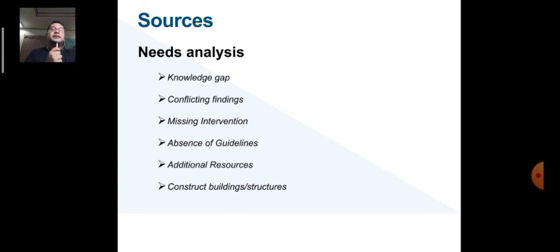Last year, there was a sudden order to do lockdown, community quarantines. So, what are the guidelines that we should implement? No. So these guidelines are basically coming from researches because it's a problem. There's an absence of guidelines. So you need to gather data and process them in order to form or construct guidelines.